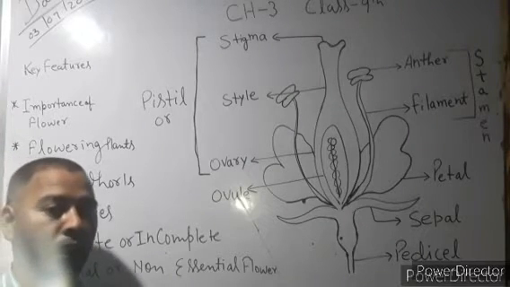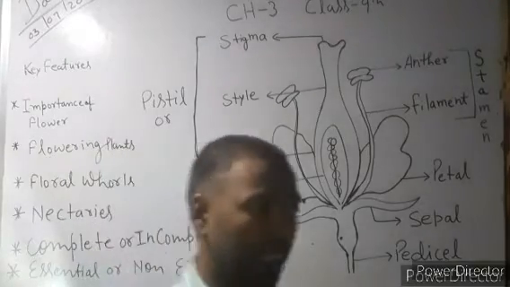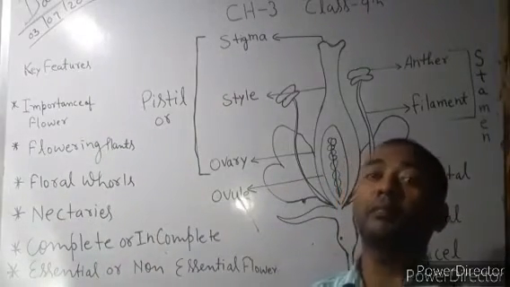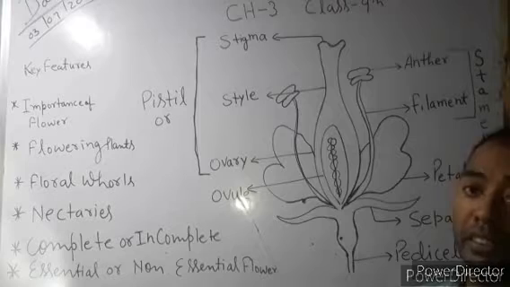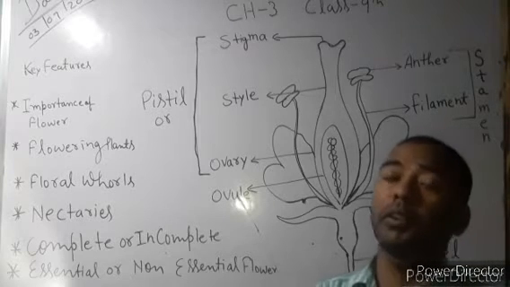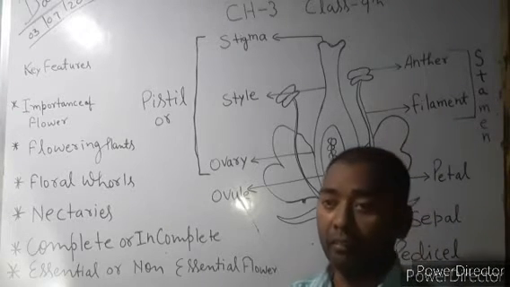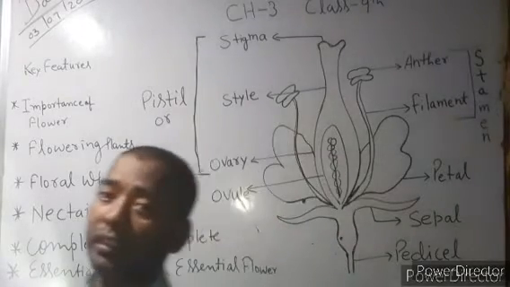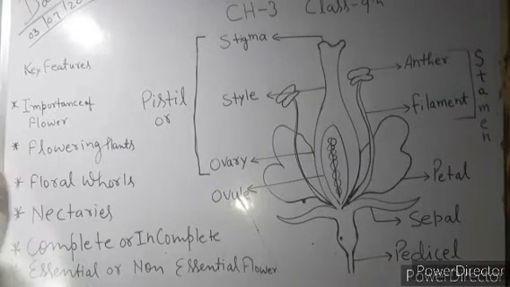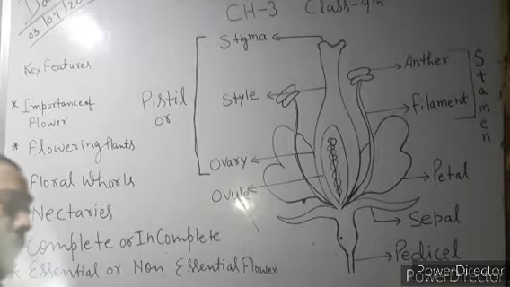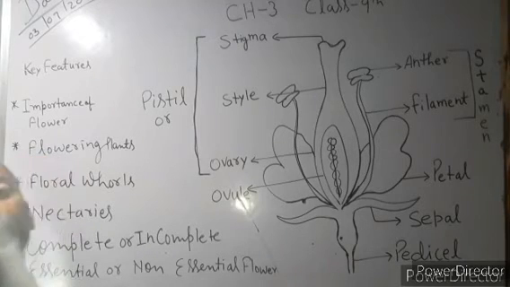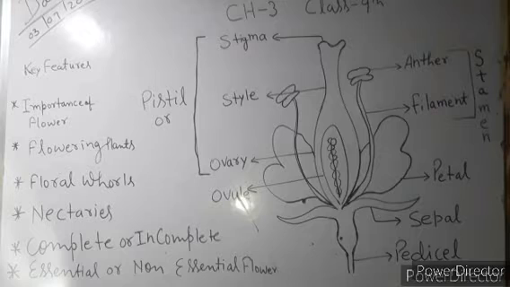Another importance of flowers in the plant is that they have the male and female parts of the plant, or you can say it is the part of the plant by which we can get new plants.